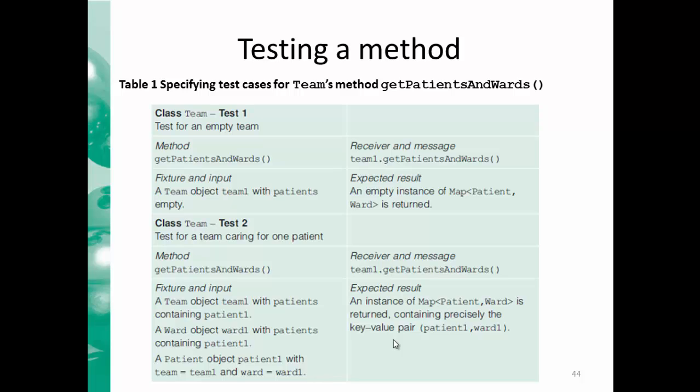In the testing, we also need to give the fixture and input. In this case, we will use team1 as an object of Team, and we will consider the situation where the patients collection is empty, and we expect that an empty instance of map will be returned.